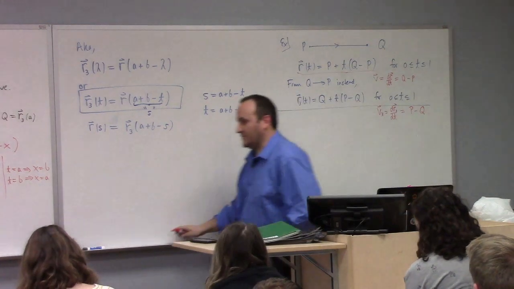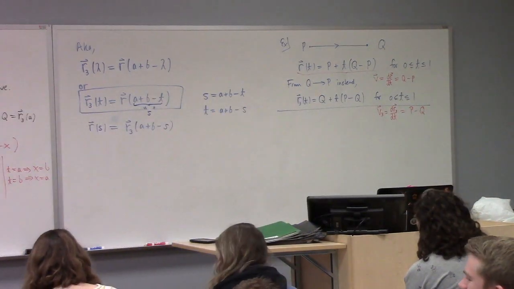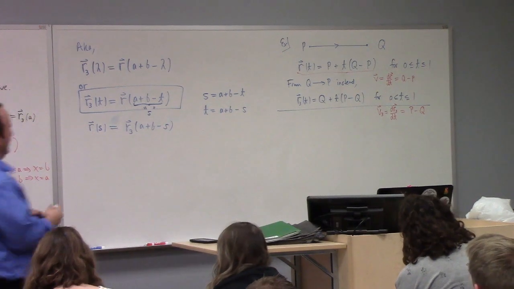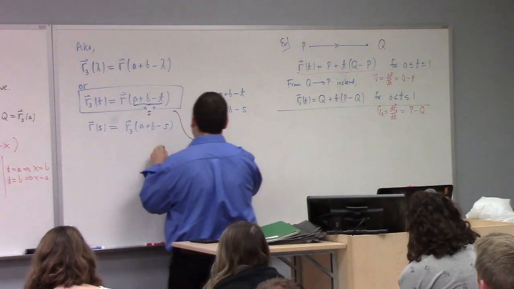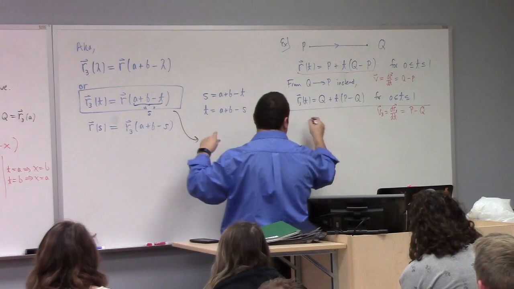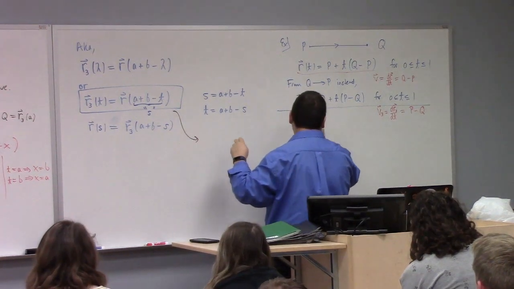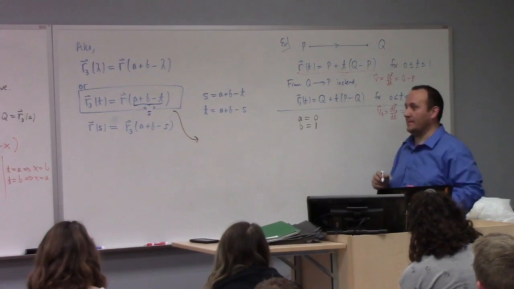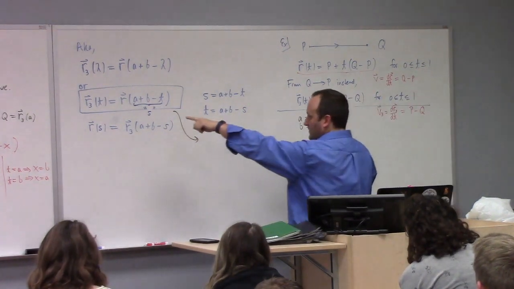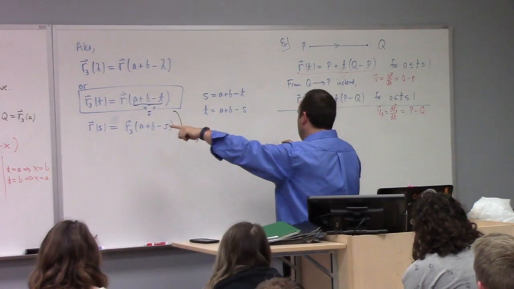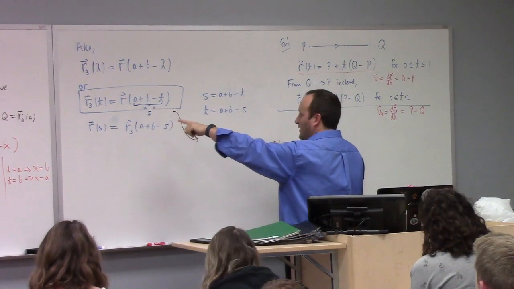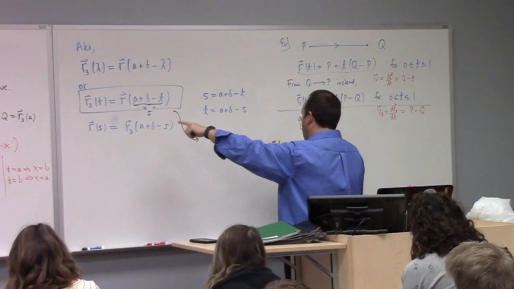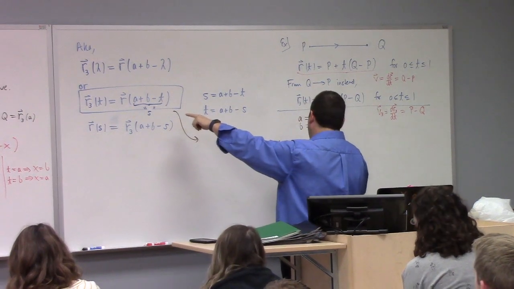So since I'm this far in, let's look at this formula. So A equals to what here? 0, B equals to 1, right? So just to exhibit this again, what is R of 0 plus 1 minus T, right?